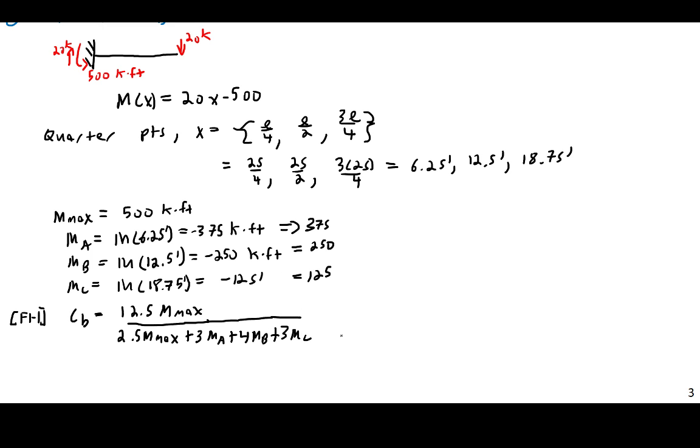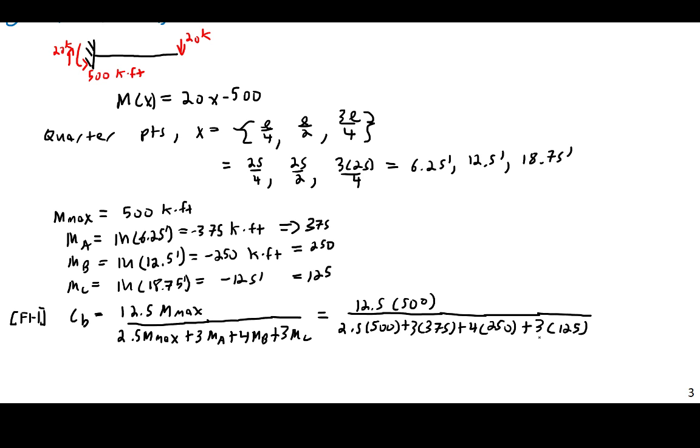Now, if you plug all those numbers in, we get 12.5 times 500 over 2.5 times 500 plus 3 times 375 plus 4 times 250 plus 3 times 125.